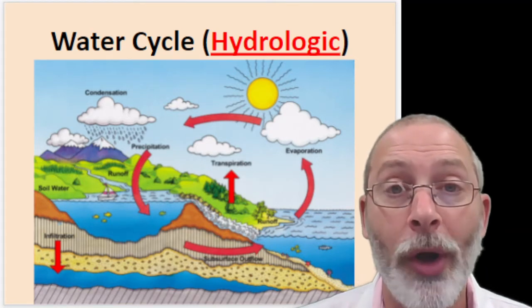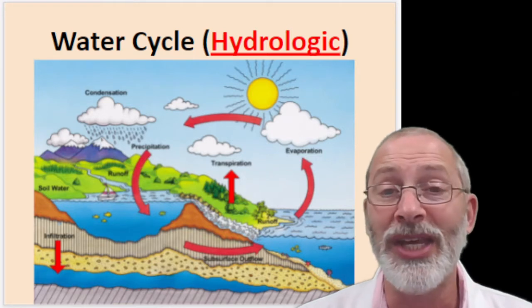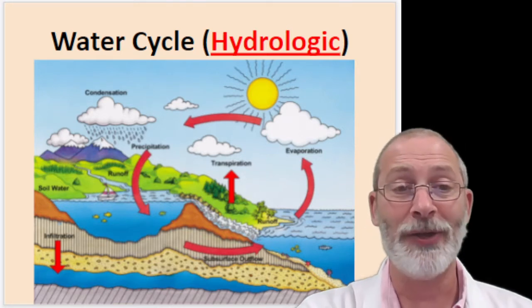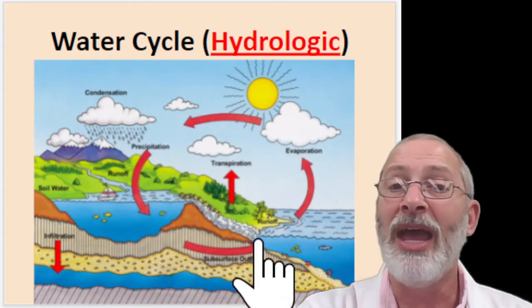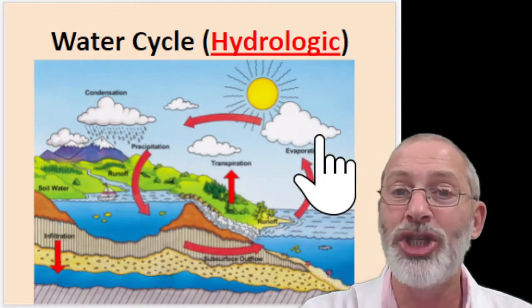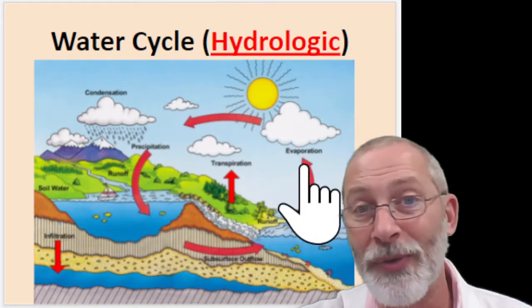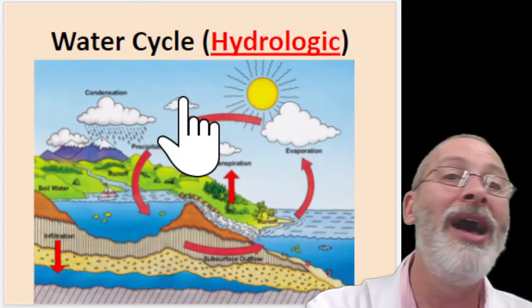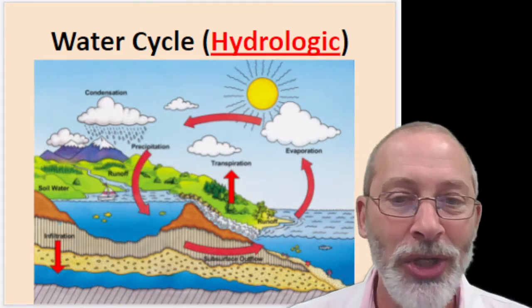It refers to water. Okay, so the water cycle, also known as the hydrologic cycle, is illustrated in this diagram, and I want you to notice the shape of the cycle. It goes around and around and around again because that's what cycles do.